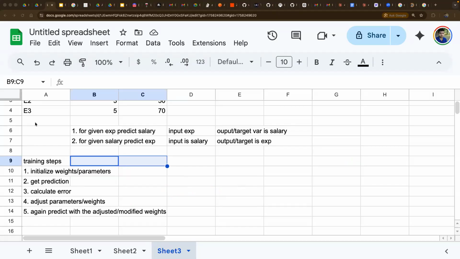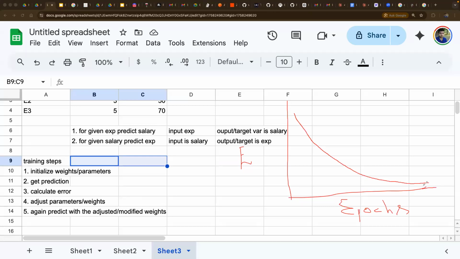So if I draw the graph between number of epochs and the error, let us say on the x-axis I have number of epochs, on the y-axis we have error, which we usually represent by capital E. As the number of epochs or iterations increases, our error should come down like this.